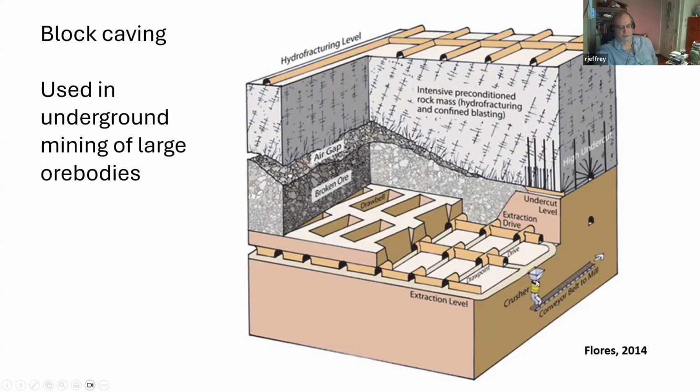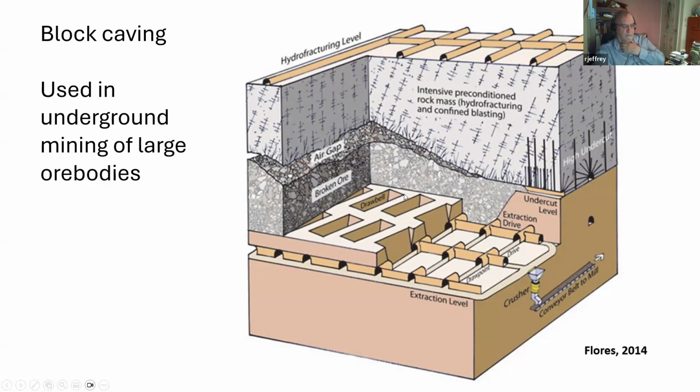You have a crusher system, and you have an extraction level where the ore is extracted from the draw points and carried over to the grizzlies and put into the crusher and then taken out of the mine. And these draw points are everywhere located underneath where you want to extract ore.